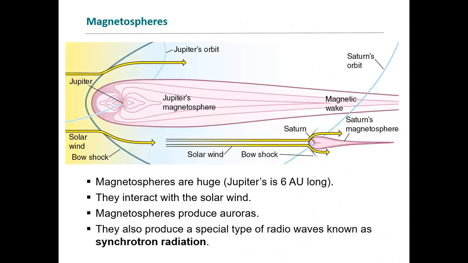The magnetospheres, basically that area where the solar wind starts to interact with the magnetism of the planet. Other than, of course, the magnetosphere of the sun, Jupiter's magnetosphere is the biggest thing in our solar system.